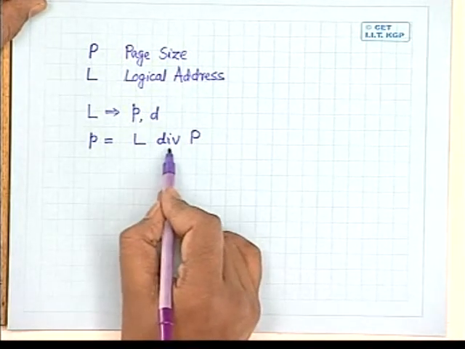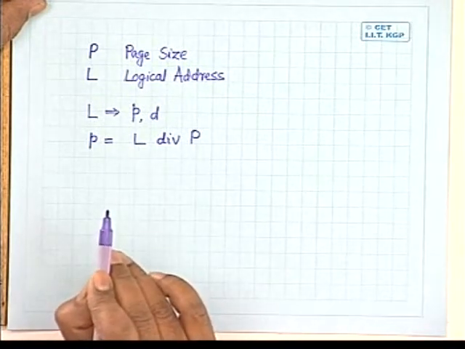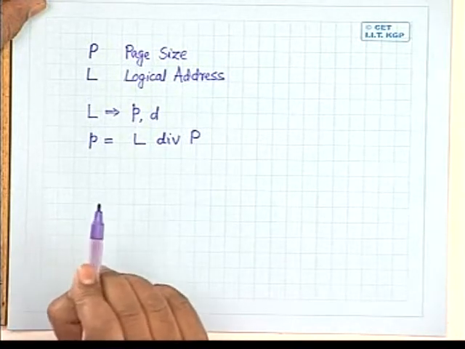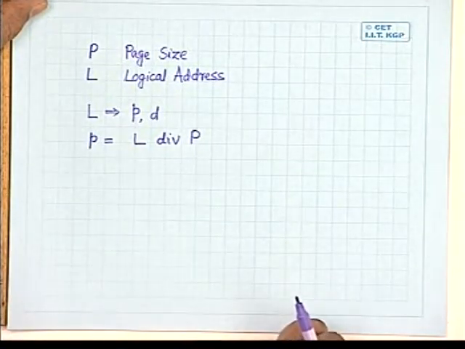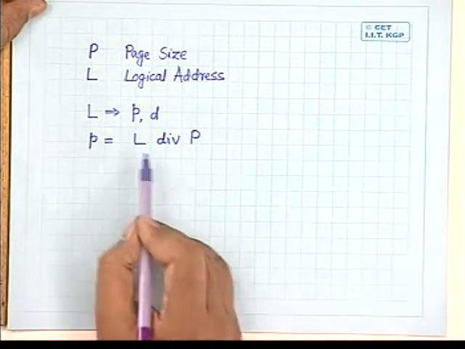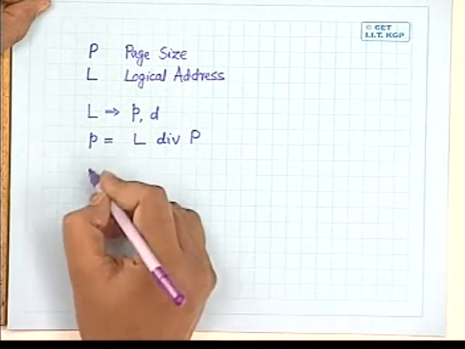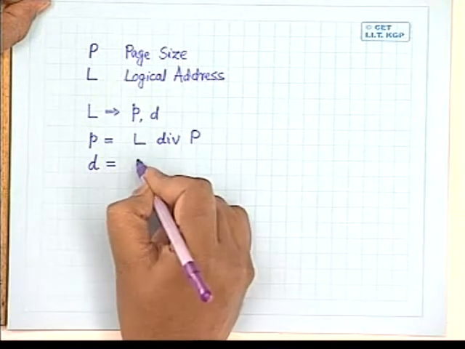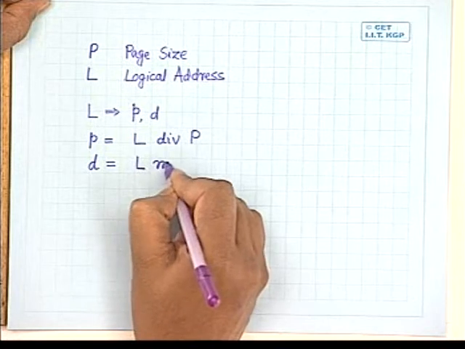This div indicates that it is an integer division. So in the earlier example, 5 div 10 will give you 0, and 12 div 10 will give you 1. So this is integer division. And the offset within the page, that is d, is nothing but L mod P.